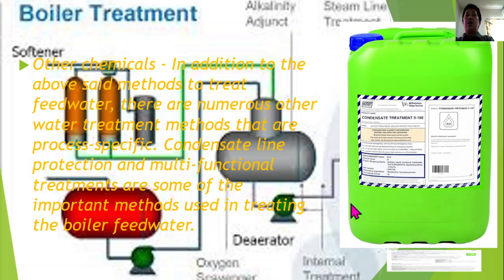Your condensate line flows as the return from your consumers, for example your fuel oil heater, your fuel oil storage tank, and so on. That return is called condensate water, and it is also treated with the condensate treatment.